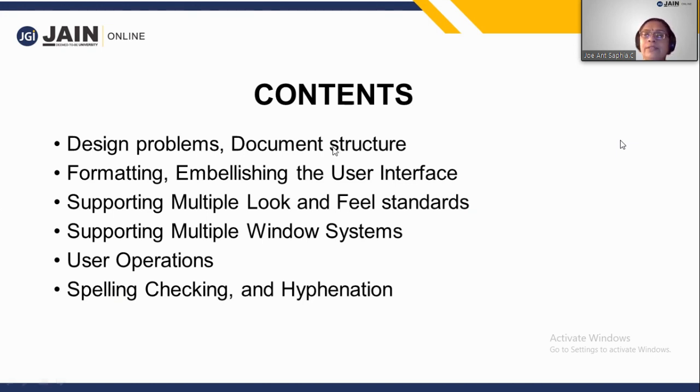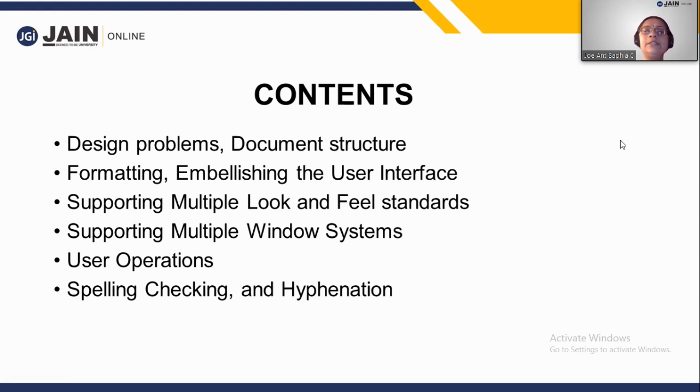So here the design problem is document structure. The document structure deals with the area where the content gets displayed. Formatting, embellishing the user interfaces. What is formatting? Paragraph shaping, a space between the lines. All these are formatting. Embellishing the user interfaces means giving borders, scroll bars, etc. Supporting multiple look and feel standards comes in when we open the same document in a different platform and environment.